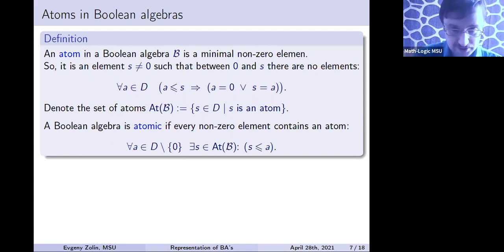No, we give a stronger condition. It is atomic if every non-zero element contains an atom. So for an element A that is not 0, there is an atom below A. So S is below A.